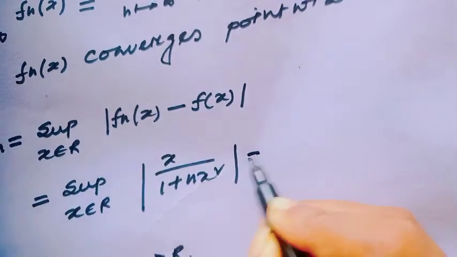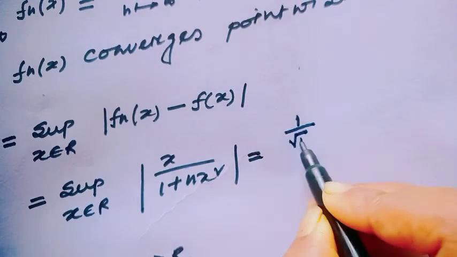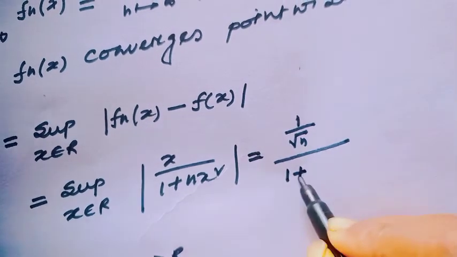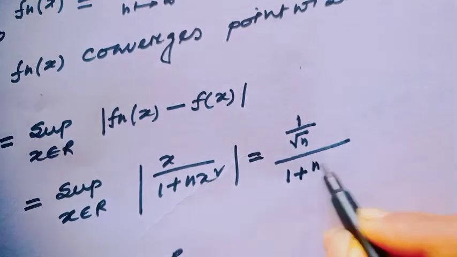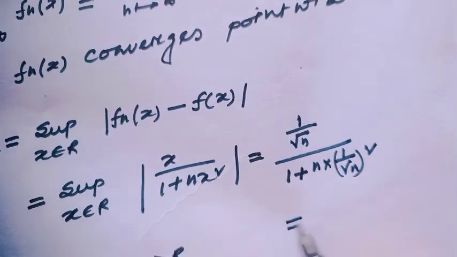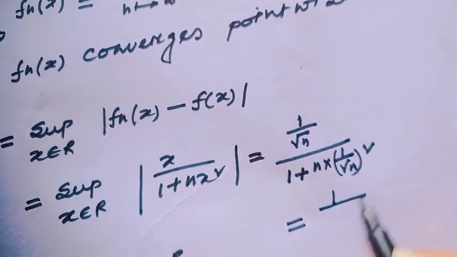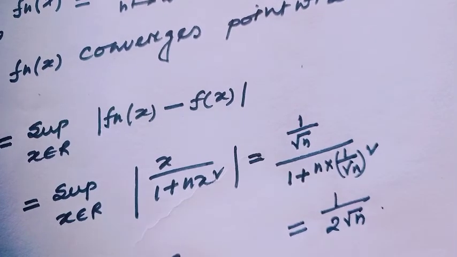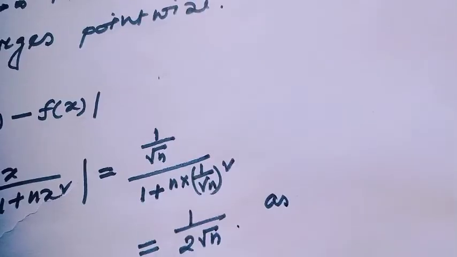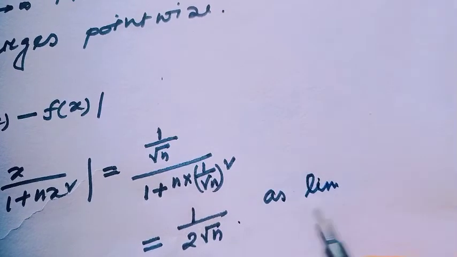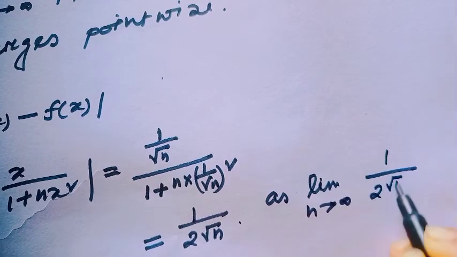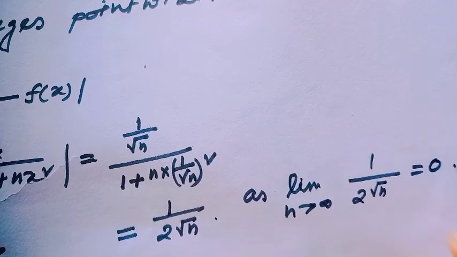Now put in this value: it is 1 over square root of n, over 1 plus n times (1 over square root of n) squared. This value is 1 over 2 square root of n. And as n tends to infinity, 1 over 2 square root of n equals 0.